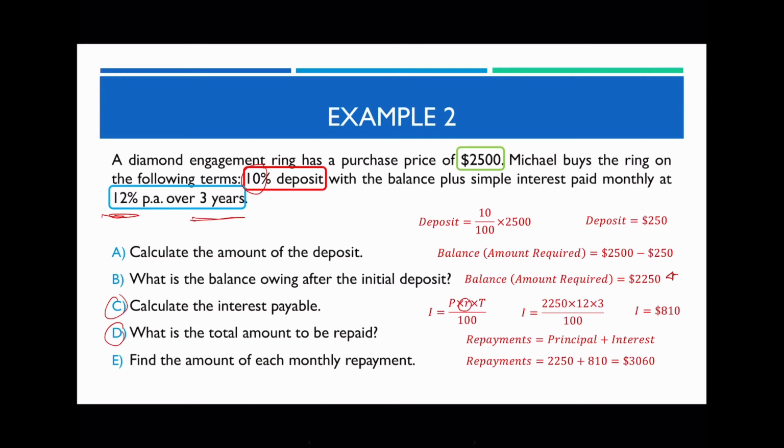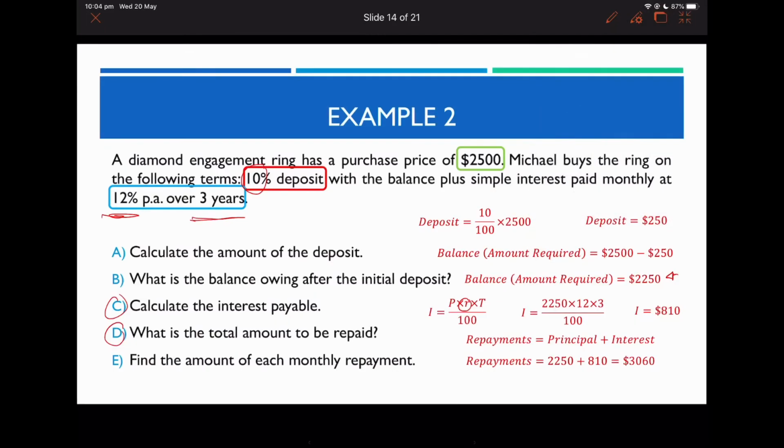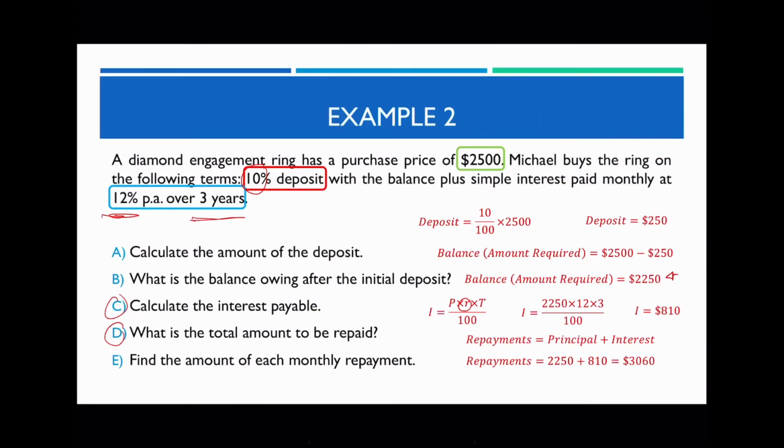Now, in order for us to calculate the monthly repayment for this, please bear in mind that this answer that you just got is the total repayments that you need to make after 3 years, okay? But remember, you're paying this periodically, you're paying this monthly.